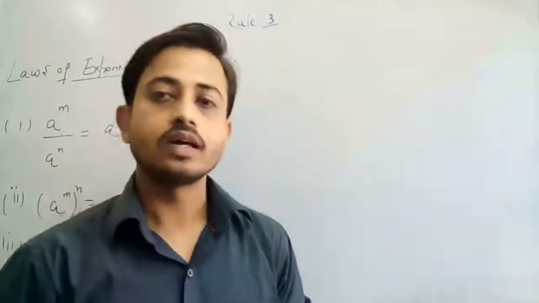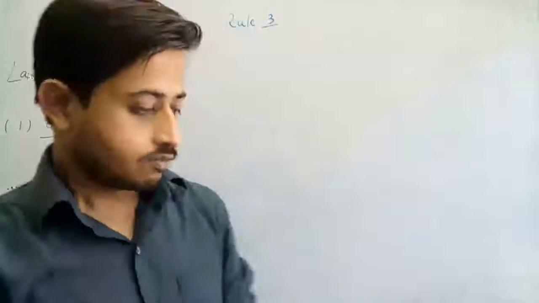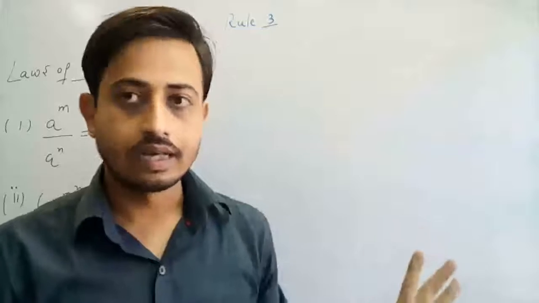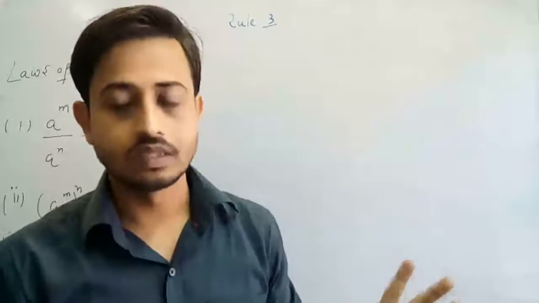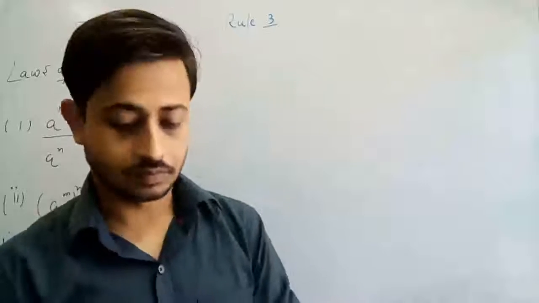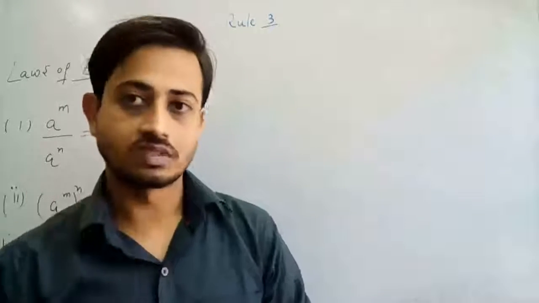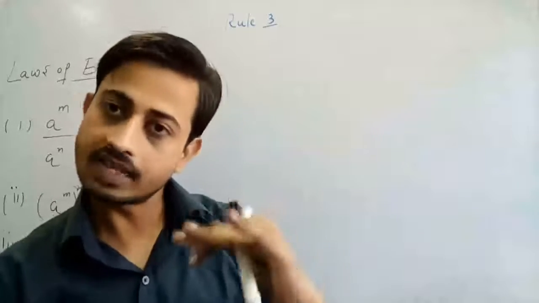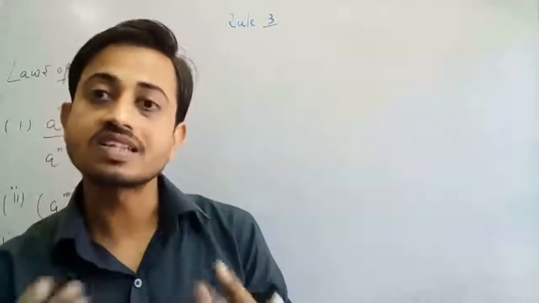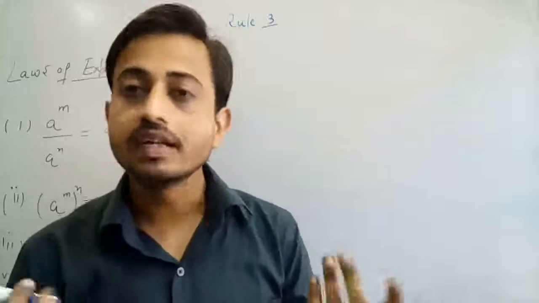Now I am going to take rule 3. The first two rules are basically for multiplication of exponent and base terms. Now I am doing rules for division. If you have two terms in terms of exponent and base during division, what result will be obtained?